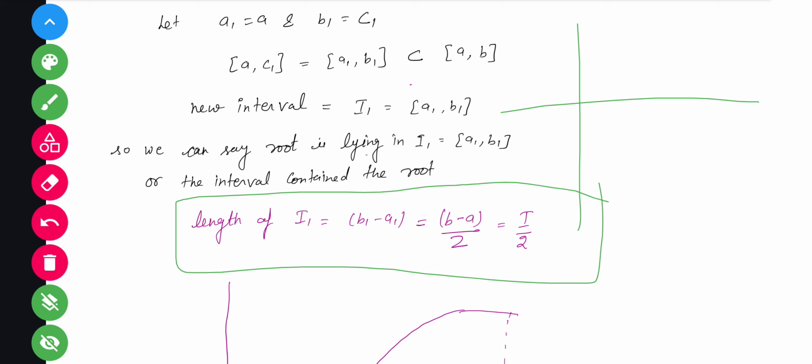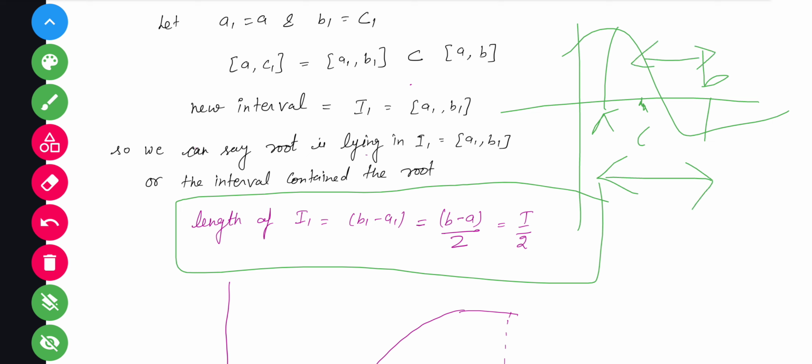So this is A and this is B. Whenever I bisect this and denote the midpoint with C, this interval becomes only this. So in each iteration the length of the interval becomes half.